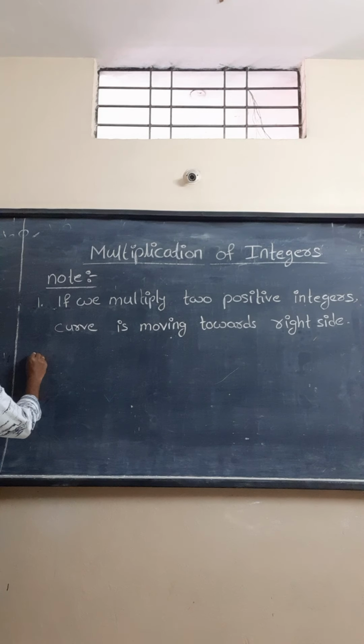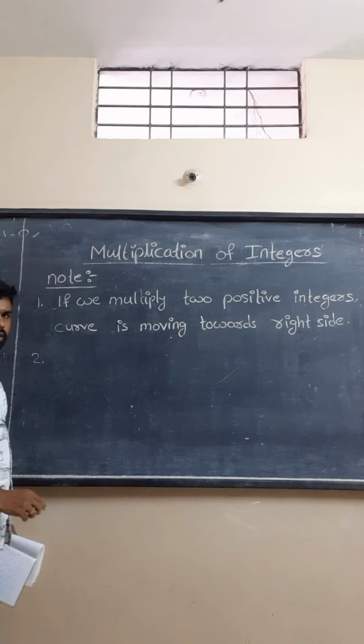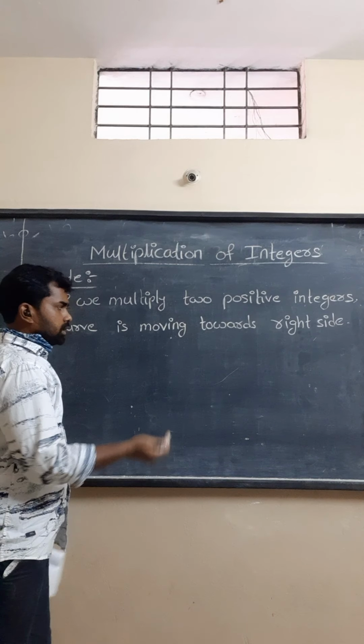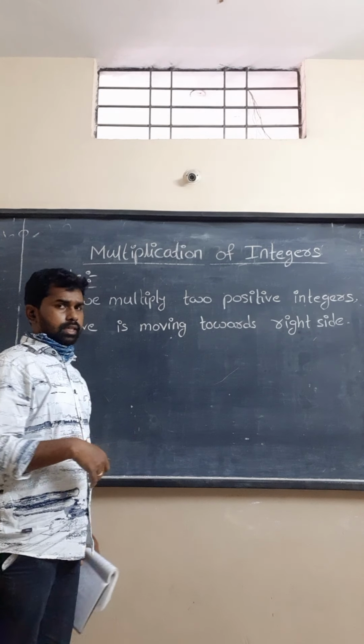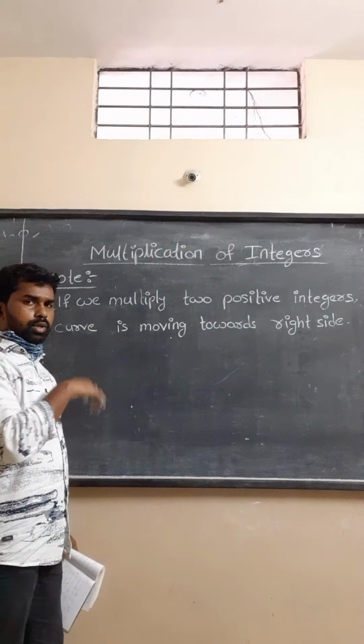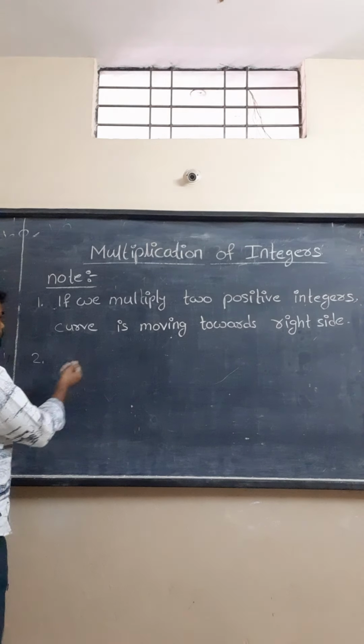So second point. That means in the second example, what we have observed? The curve is moving towards left side when we are taking one positive number and one negative number. Okay, same thing we are going to write.